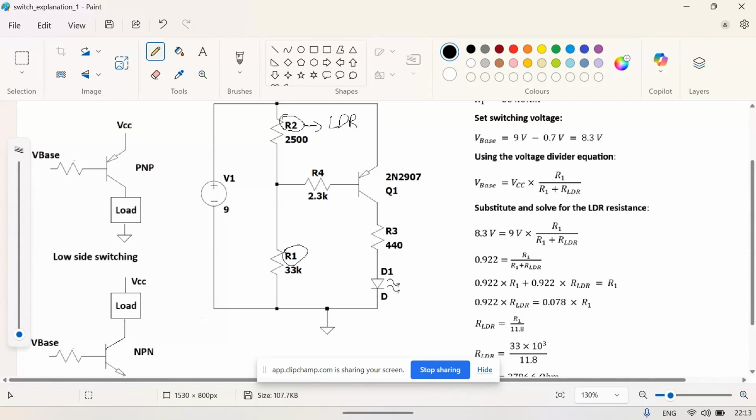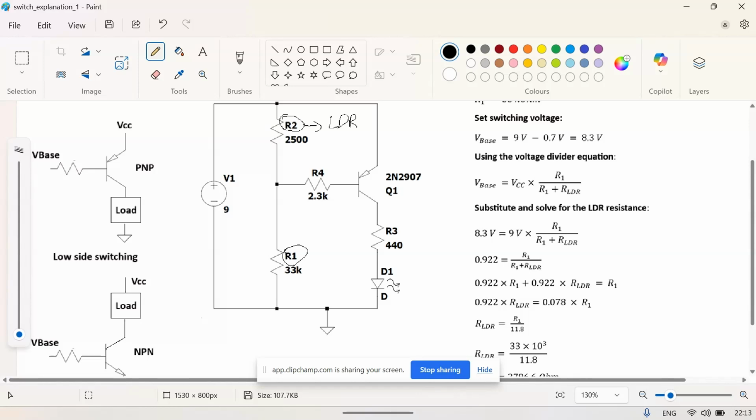When there is light, the resistance goes low, and when it is dark, the resistance increases to a higher value. Typically 2500 ohms is a value when the light is glowing, and when it is dark, the resistance can go over 10 kilo ohms.